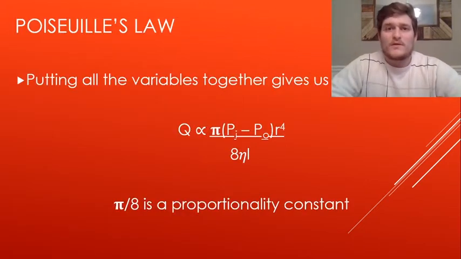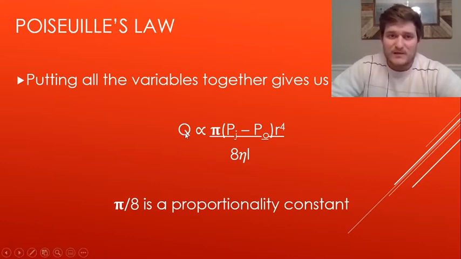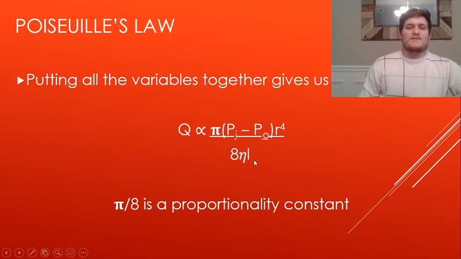When you put all of those variables together, you get what is called Poiseuille's law, which determines that blood flow is proportional to pi times delta P, or initial starting pressure minus ending pressure, times radius to the fourth power, over 8 times viscosity times blood vessel length.